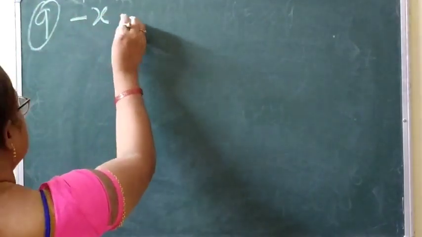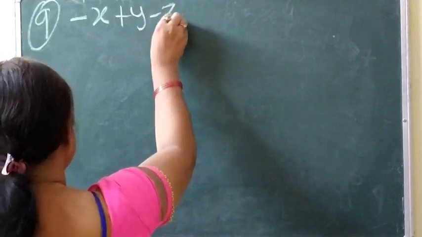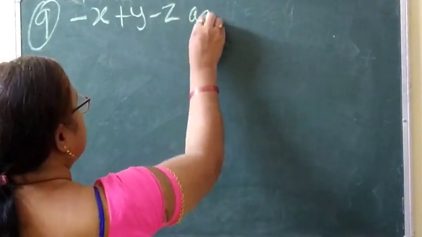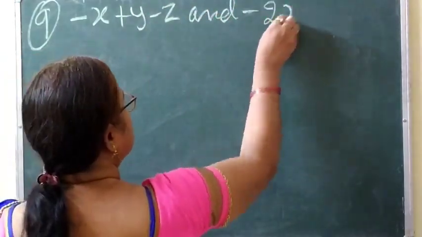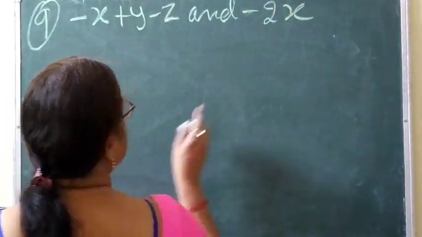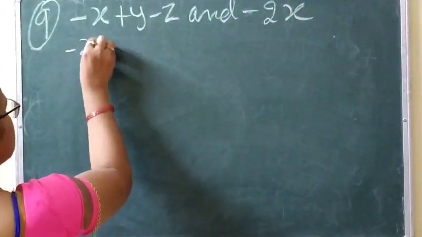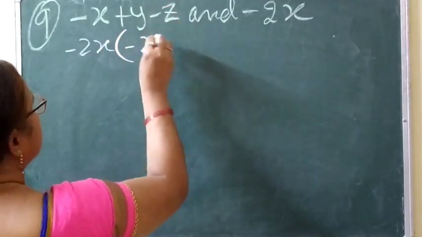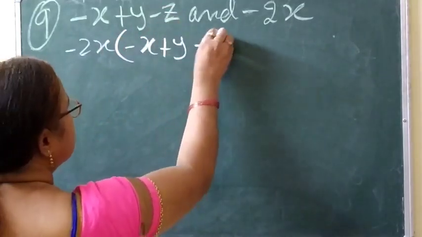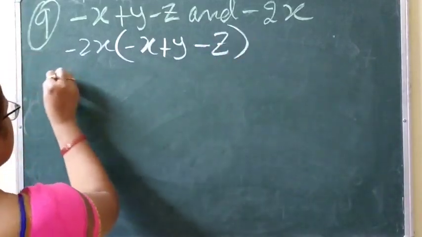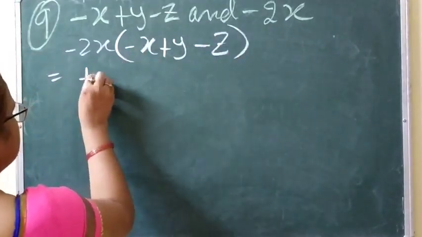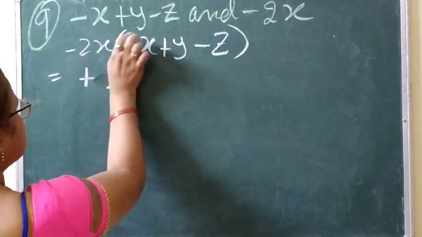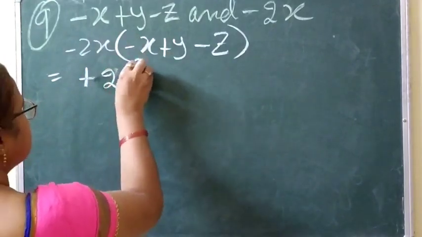Now question number 9. Minus x plus y minus z and minus 2x. Clear? So we will write here minus 2x, then inside the bracket minus x plus y minus z. Okay. So minus into minus, plus 2x square.